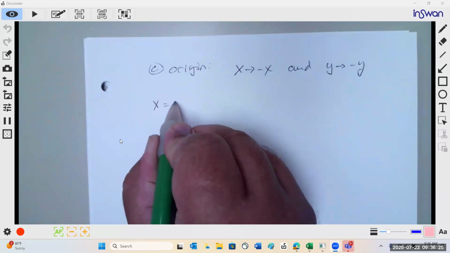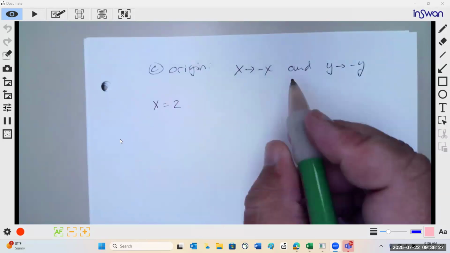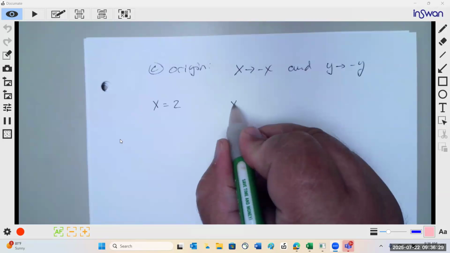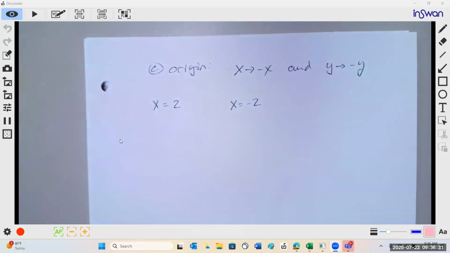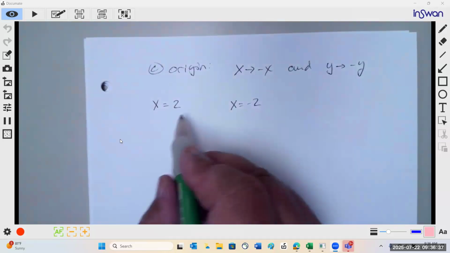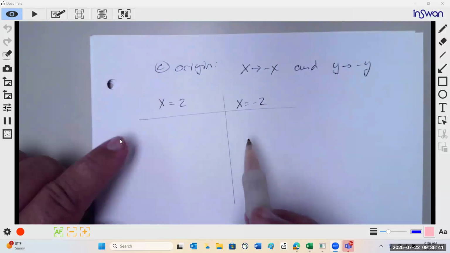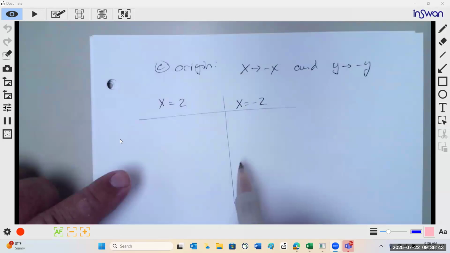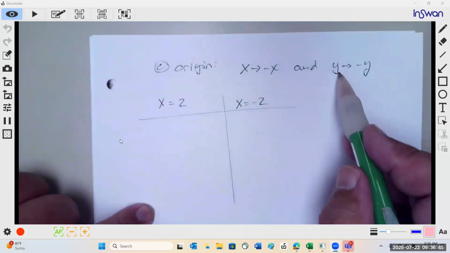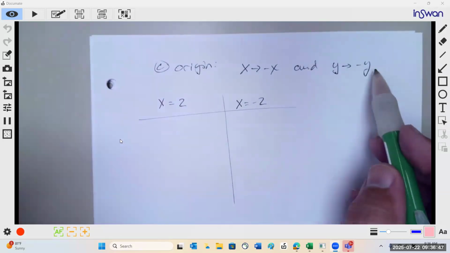So x, let's say, is 2. Change it to -2. So when I change x to -x, my answer should become, one of them should be positive, one of them should be negative, but the same value.